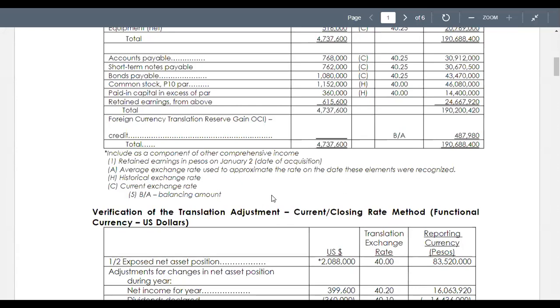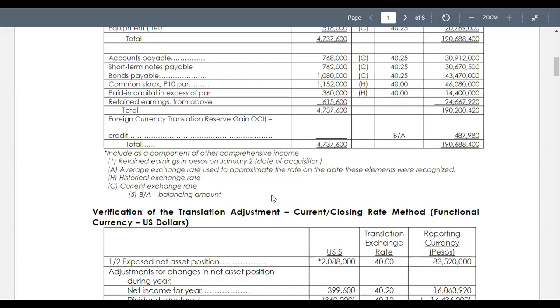Next, how about your depreciation expense? Again, it is an expense related to an asset, the building, which was translated using 0.25, 0.26, I'm sorry, 0.26 and marked H. So your depreciation expense should also be translated using 0.26, and it is H, or historical.